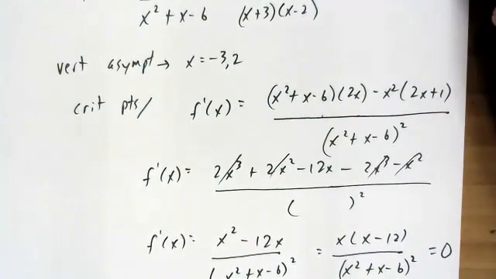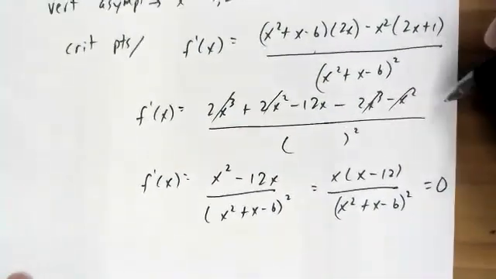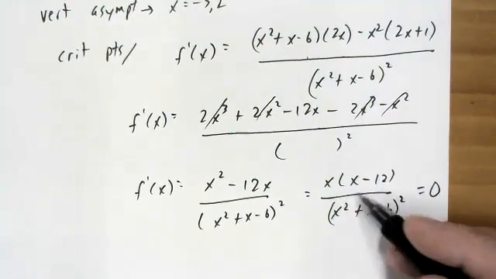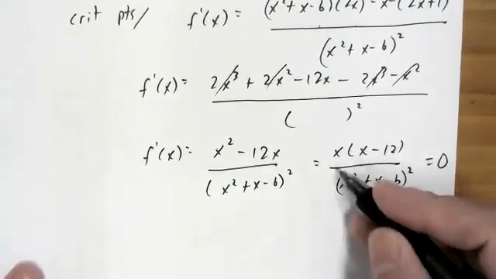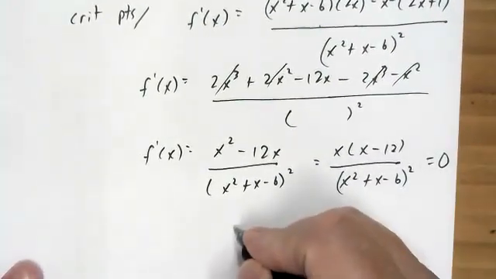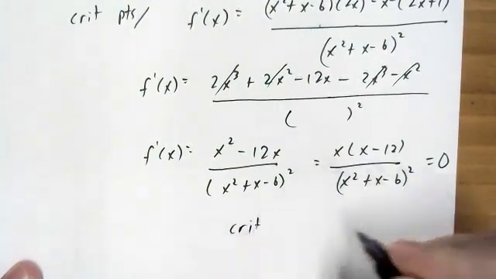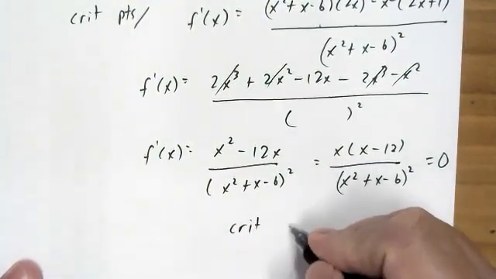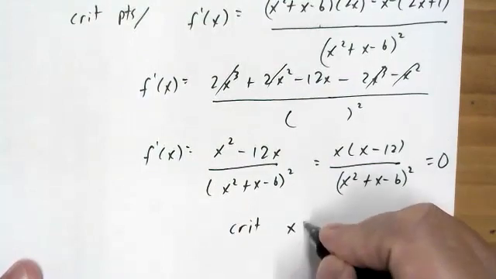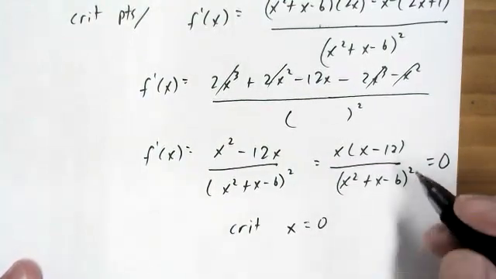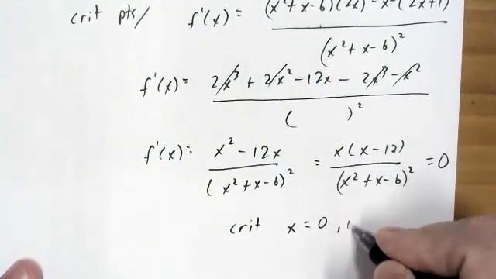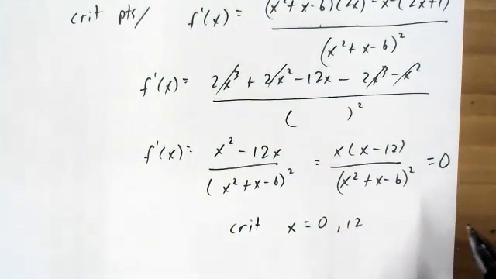This is a different problem than I thought I was doing, but I think it's still okay. So, sorry about that. Let's go ahead, and the critical points are going to be x equals 0 and x equals 12.